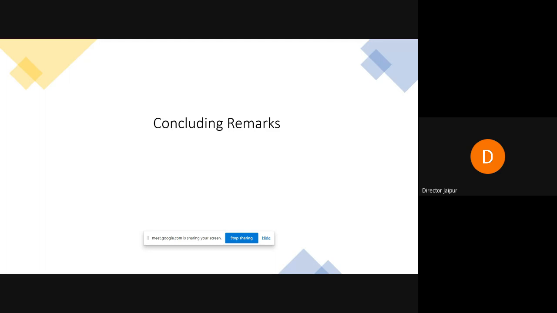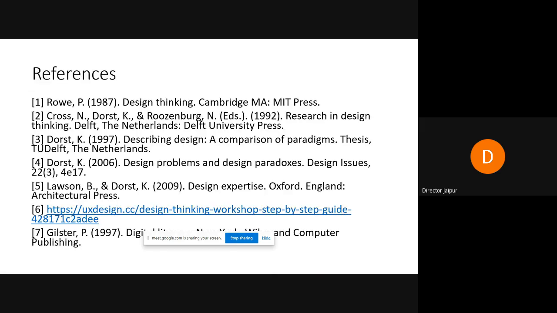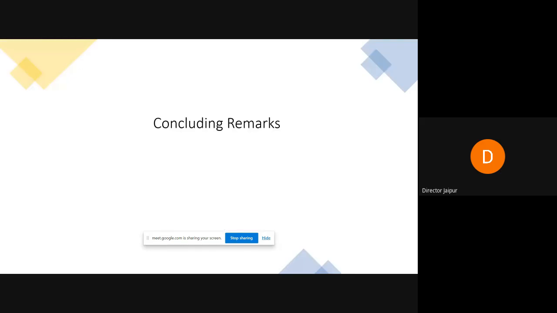Make your frames proper, make your field proper, and then generate a much better value for yourself and your organization. Profit also is okay, but other things like societal values are also very important. So please take care. These are some references that have been used in making this slide, and my personal notes are also there. So thank you. I am finishing it here.